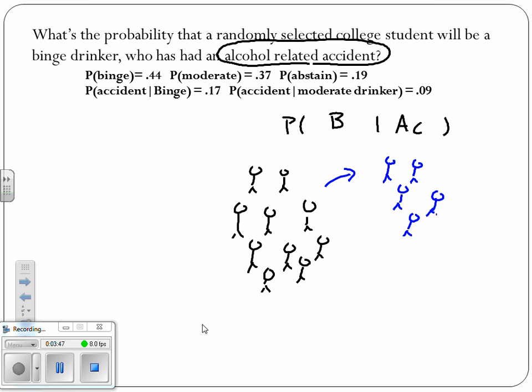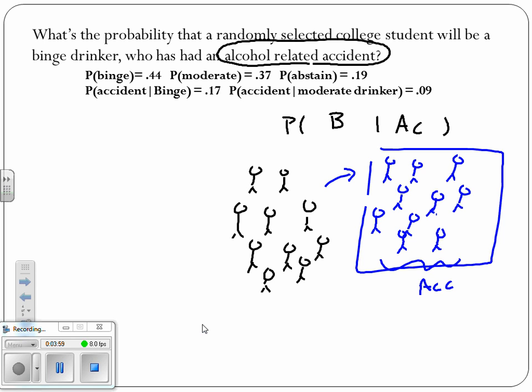So this could be people that were binge drinkers, moderate drinkers, or maybe even the folks that abstain. Everybody that's had an accident come over here, and then out of this group, we're going to figure out the proportion of folks in the accident subcategory that are binge drinkers, excuse me.